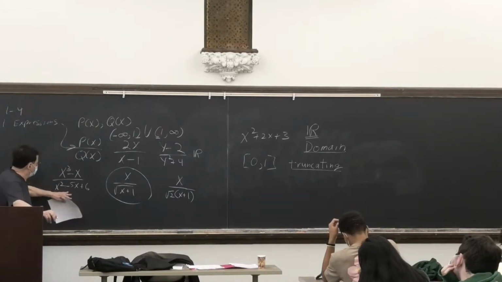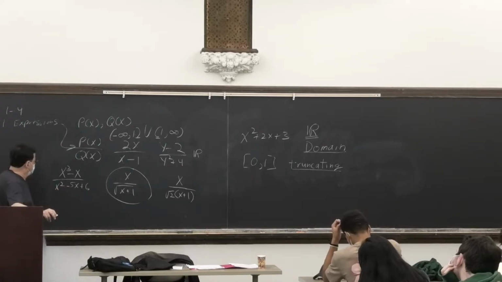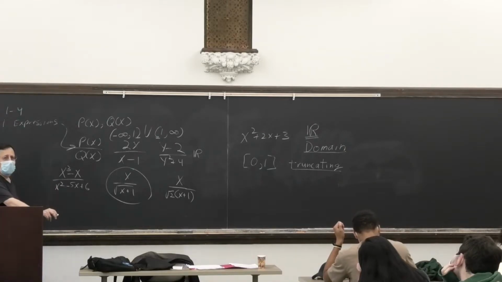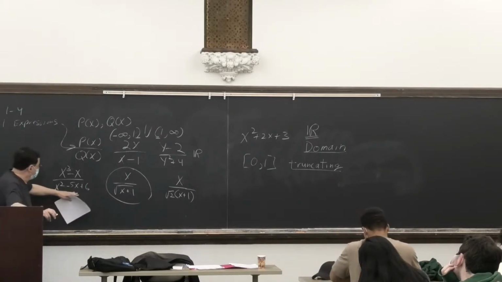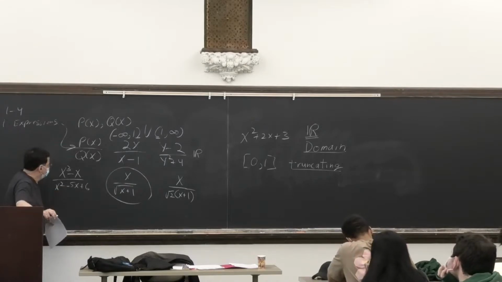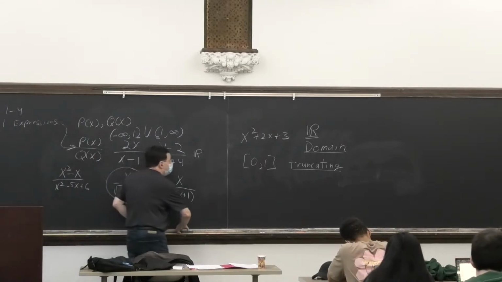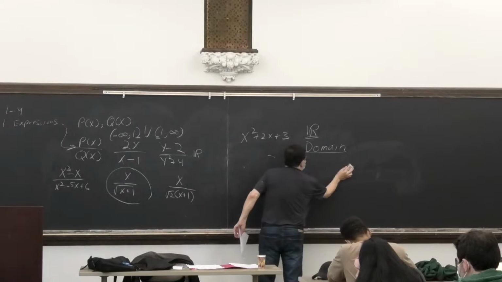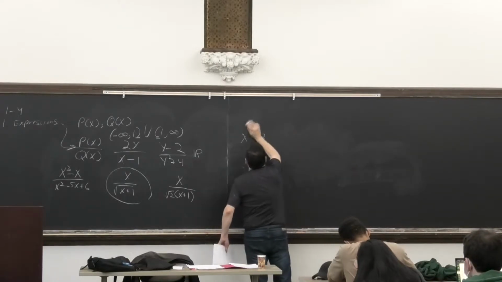All right, now for something like this, x cubed minus x over x squared minus 5x plus 6. Wait a minute. We're not sure right away, right? Could this be 0? Well, the only way to know would be to factor it.